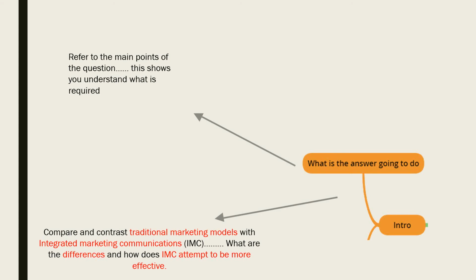I've just highlighted in red the things that you need to make mention of in your introduction. You need to explain that you're going to be talking about traditional marketing methods, integrated marketing communications, the differences between the two, and most importantly how IMC attempts to be more effective, because that's the whole point of integrated marketing communications.